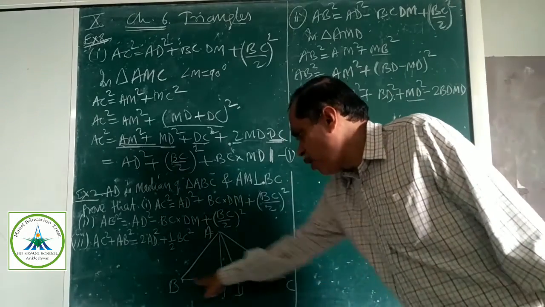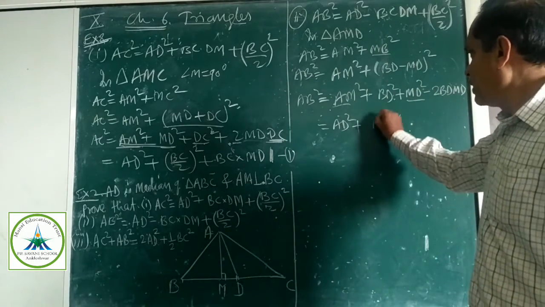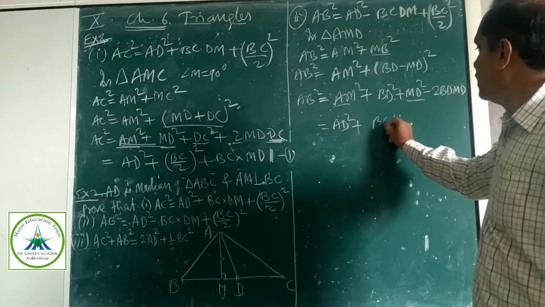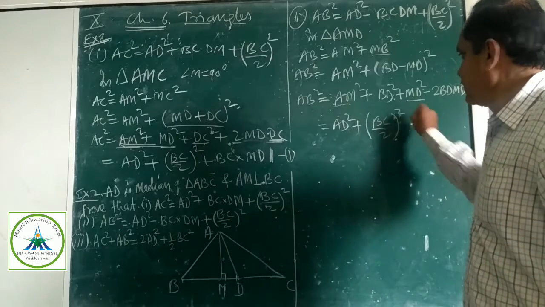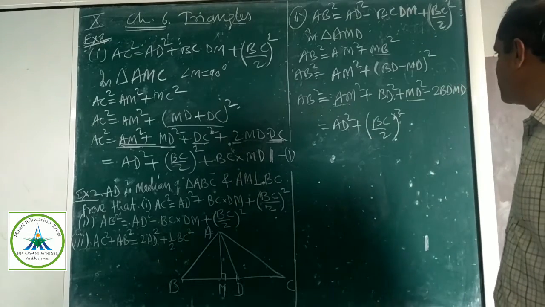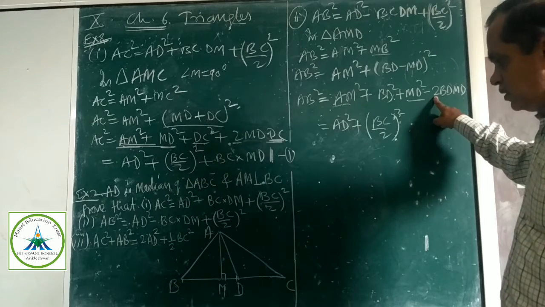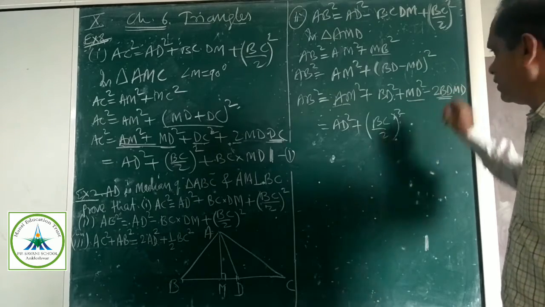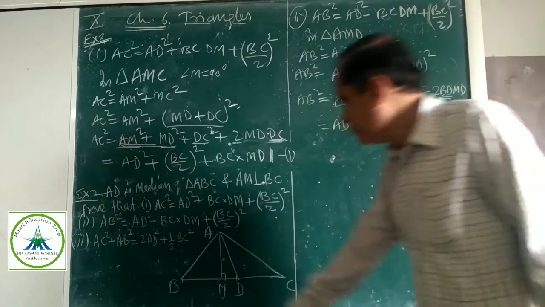BD is half of BC, so I got (BC upon 2) whole square. Again now see, 2 times BD.